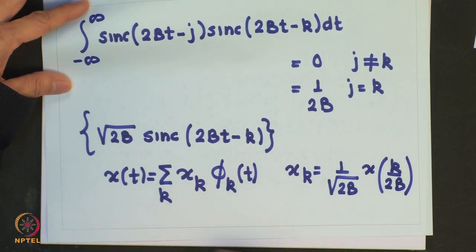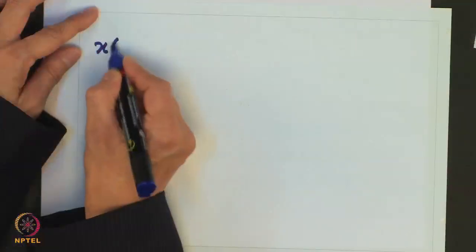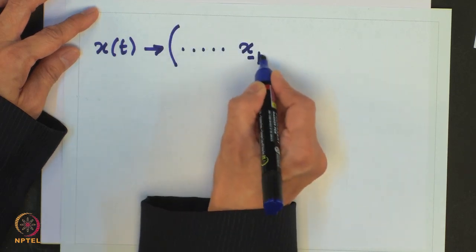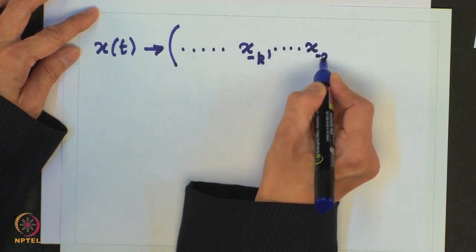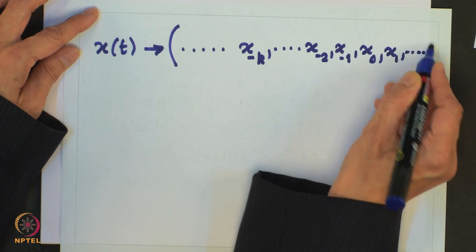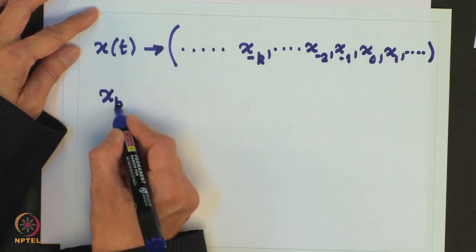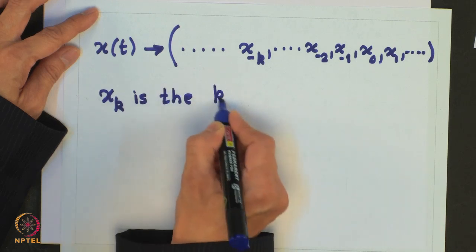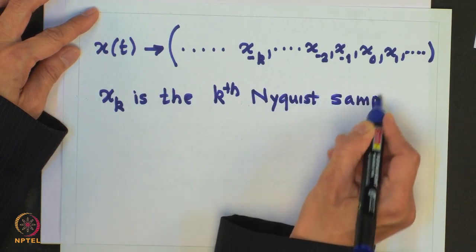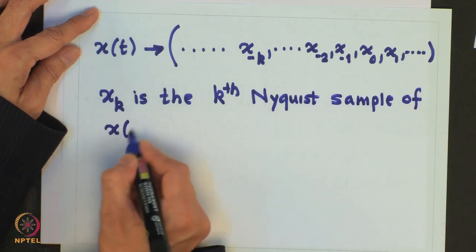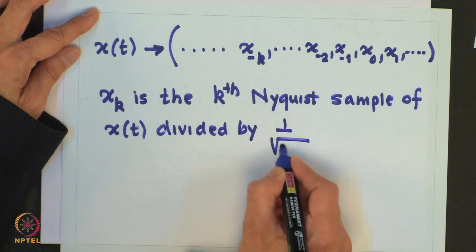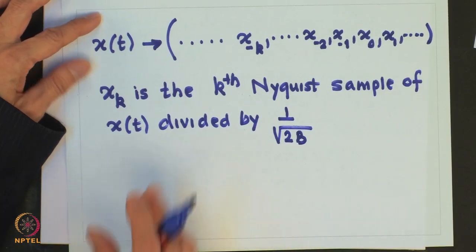So, any band limited signal x(t) can be given in the form of a vector, where your x_k is the kth Nyquist sample of x(t) divided by 1 by root 2B.